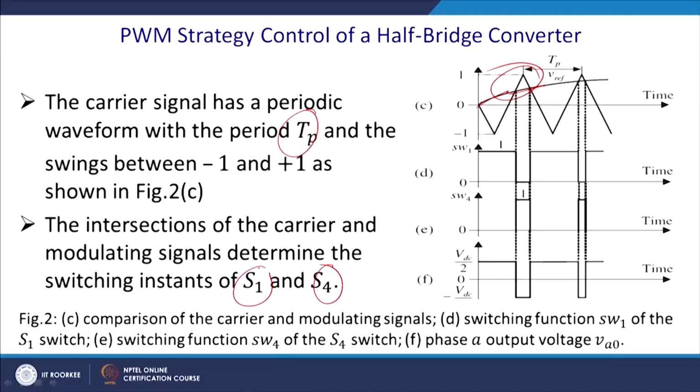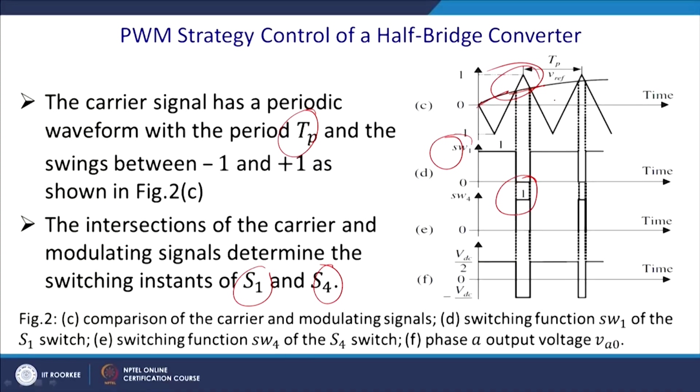So, see that it is S1 and it is on till the carrier waveform is less than the signal. Once the carrier waveform is more than the signal waveform, S1 will be switched off. And thus S4 will be turned on for a small duration of time.